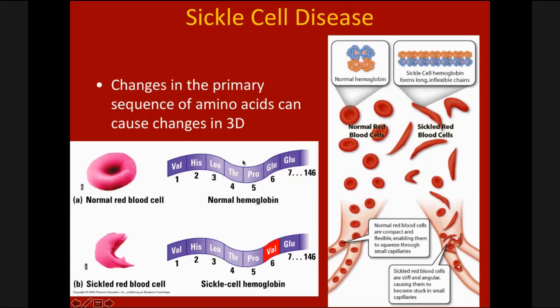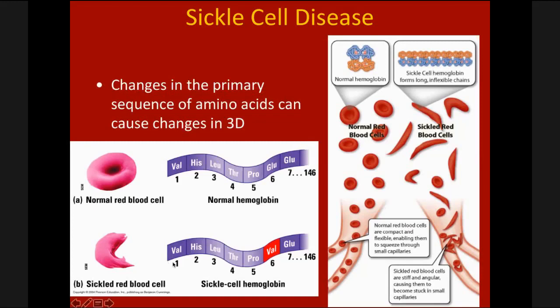Notice, if you have a mutation, a change in amino acid sequence, and notice how down here you swapped out 1 amino acid, it has mistakenly been replaced by valine here. Just 1 amino acid difference. And now that hemoglobin protein cannot fold properly and the red blood cell cannot form properly as a consequence. And you end up with sickle cell disease. 1 amino acid difference. That primary sequence is really, really important.